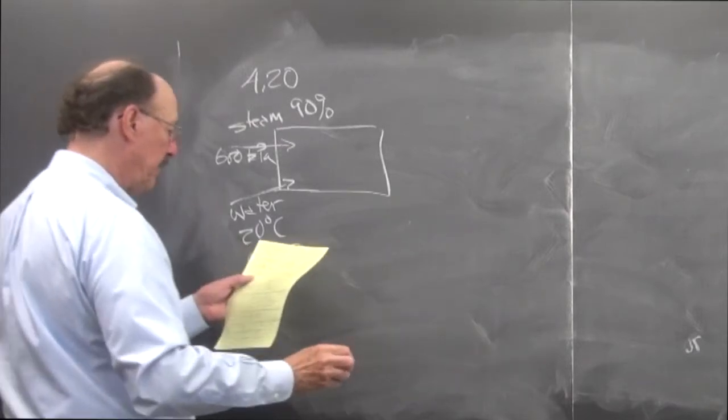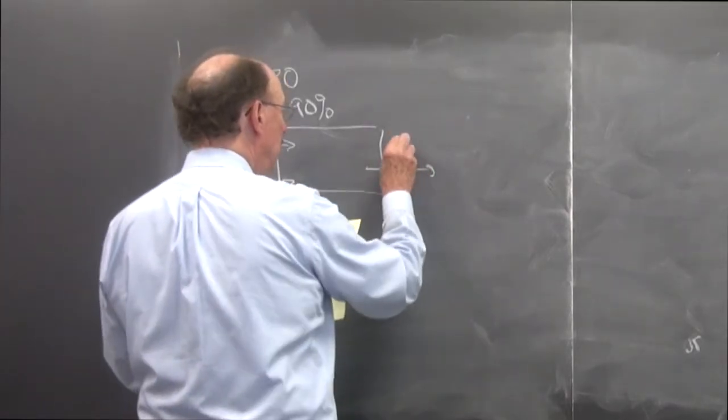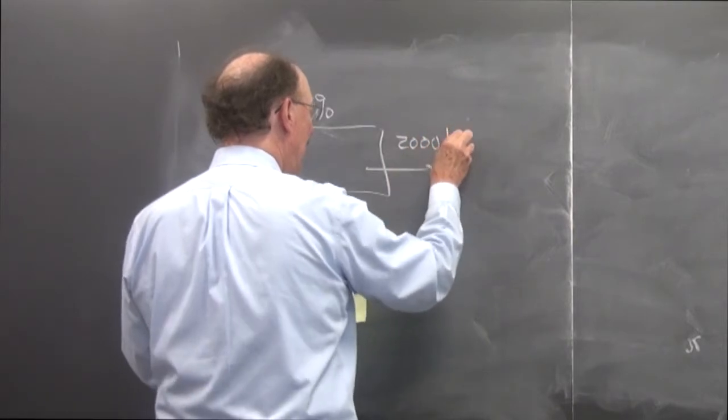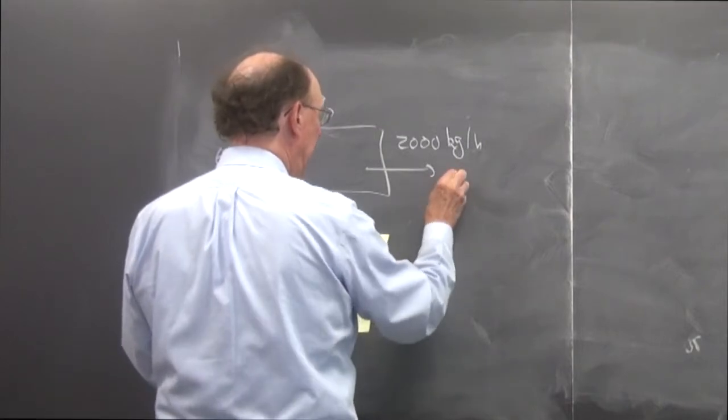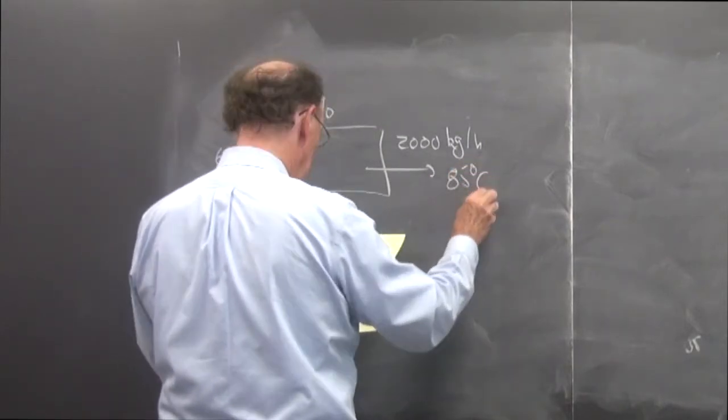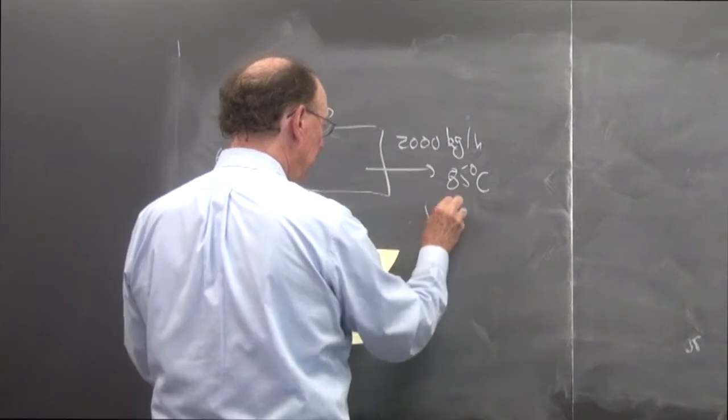And they're mixing together and producing hot water, 2,000 kilograms per hour at 85 degrees C and 150 kPa.